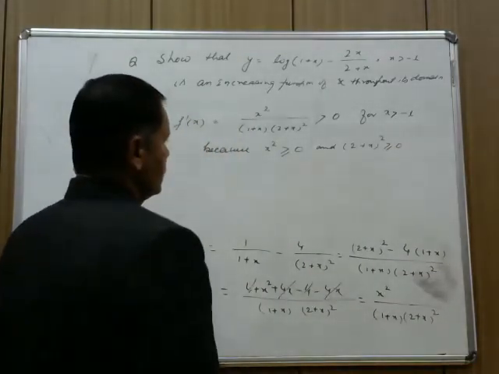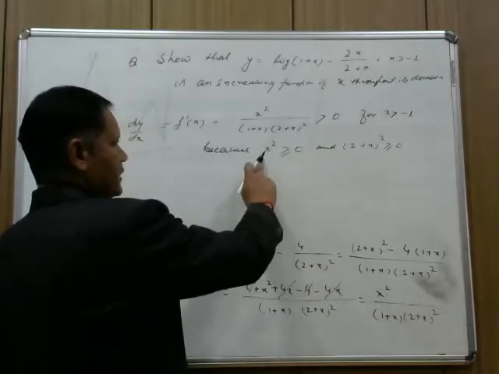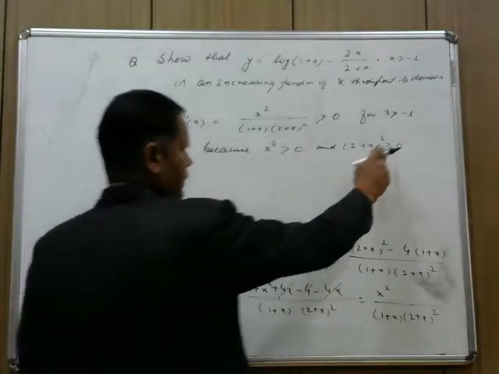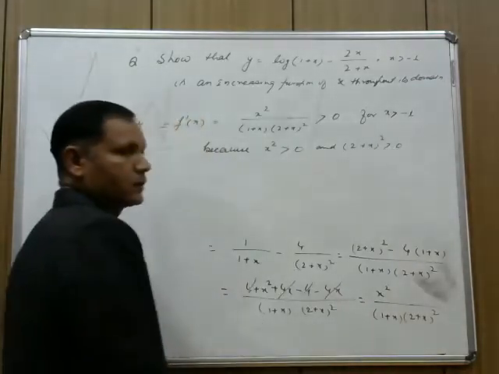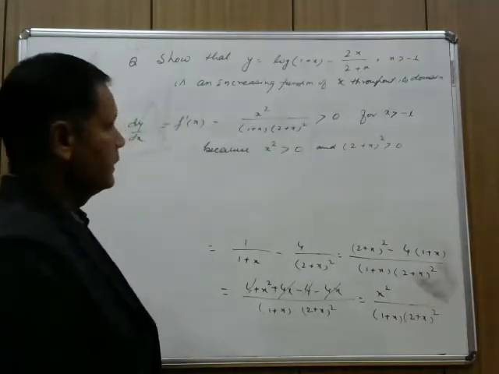Or simply you can write that x square is greater than 0 and (2 + x) whole square is also greater than 0, right?